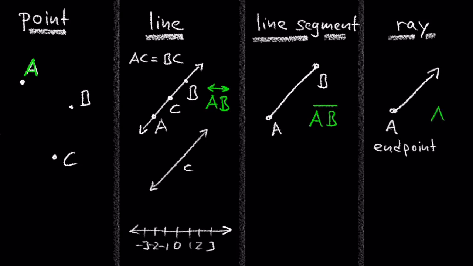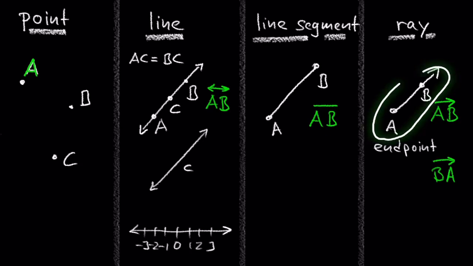AB means the ray starts at point A and goes on forever in the direction of B. And BA means the ray starts at point B and goes on forever in the direction of A. We call this the ray AB.